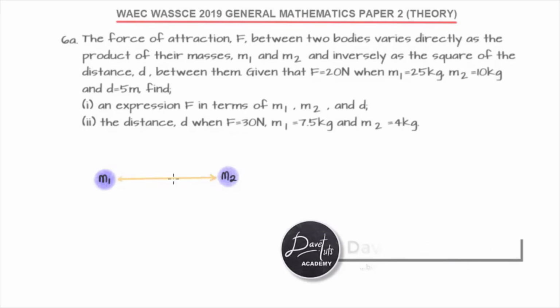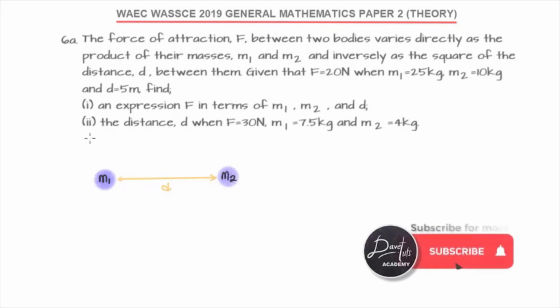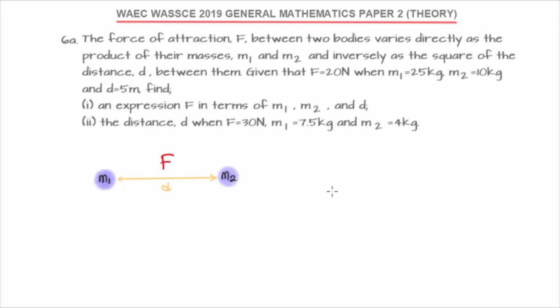Now, this is a pictorial view of what we are being told: two bodies m1 and m2 separated at a distance d, and they have a force of attraction F between them. We are told that F varies directly as the product of their masses, that will be m1 multiplied by m2.